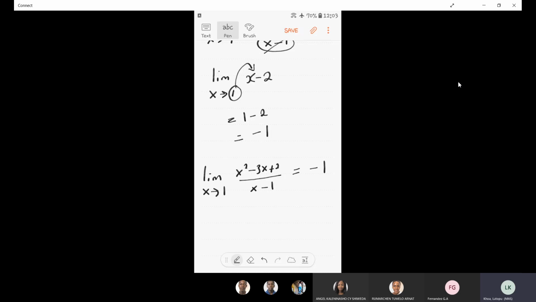Even though when you substitute 1 into the numerator you get 0, and into the denominator you get 0. You'll notice, even by using a table, that the value of the function, or the value of y, approaches negative 1.